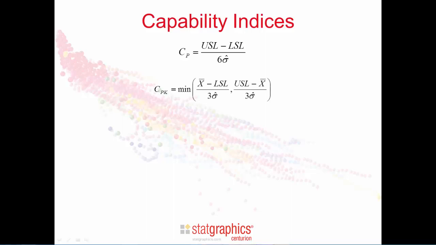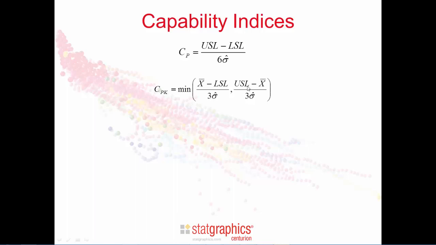An index that gets around these limitations is the index CPK. It's calculated by taking the smaller of two quantities. It first calculates the difference between the sample mean and the lower specification limit and divides by 3 times the estimated sigma.